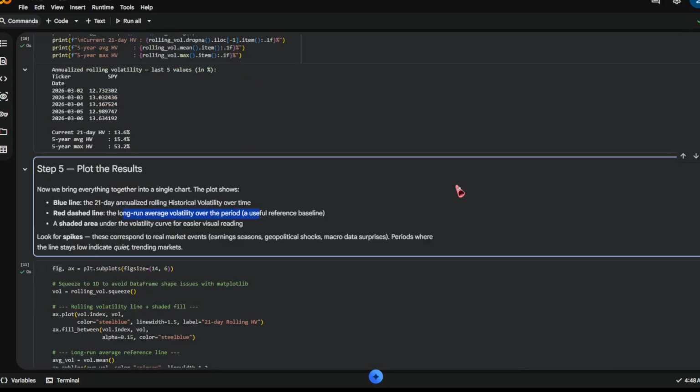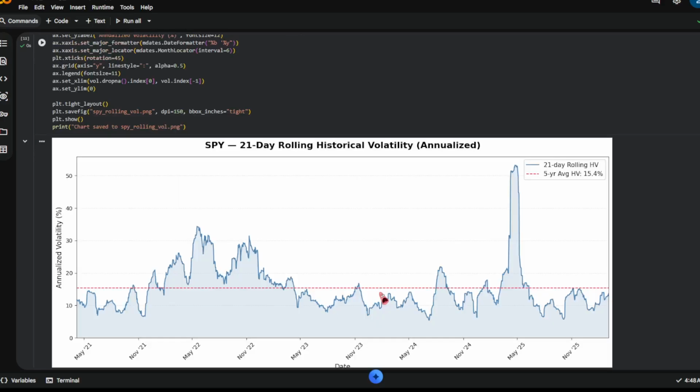These correspond to real market events. We can also consider this as a spike. And here we can see relatively lower volatility in this period. This shows that there is a quiet period of time in this market.